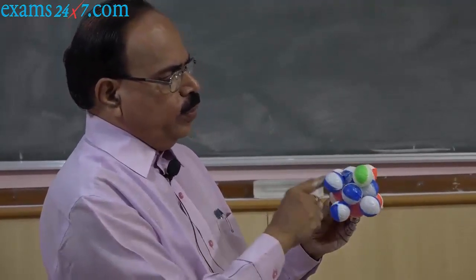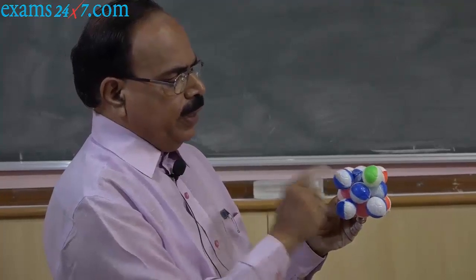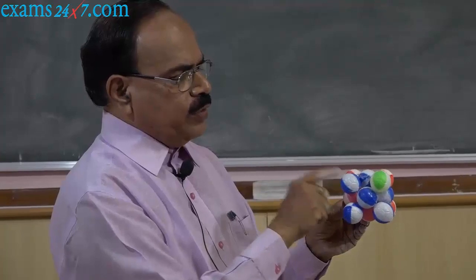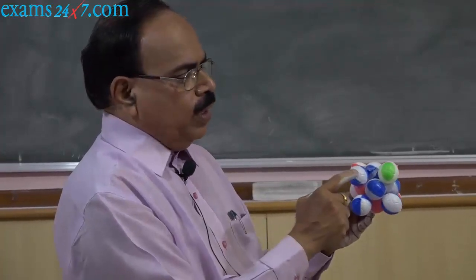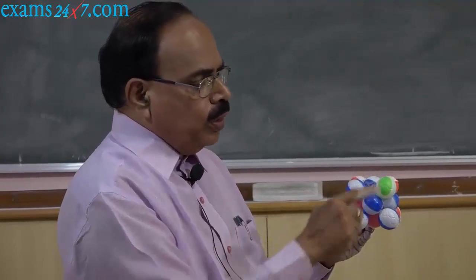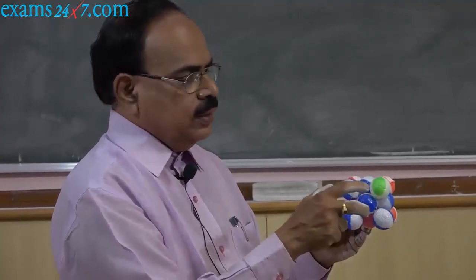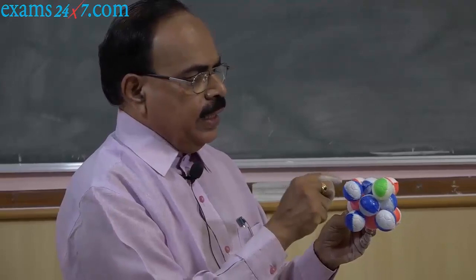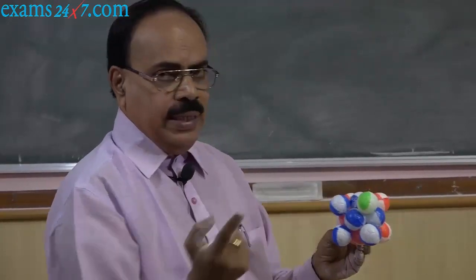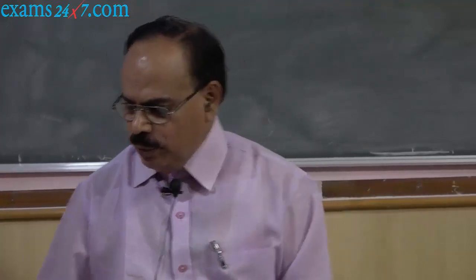There are 2 octahedral voids here for this particle, and one more octahedral void here. So, 3 octahedral voids for this particle. Now this particle is also common for one more cube which is in front of this. So any corner particle is surrounded by 3 plus 3, totally 6 octahedral voids.